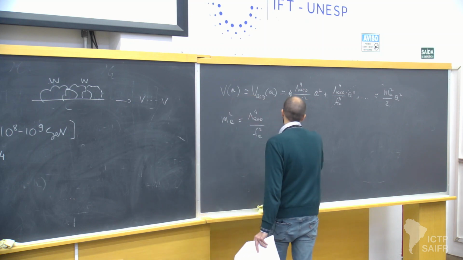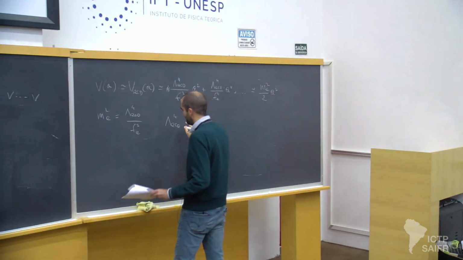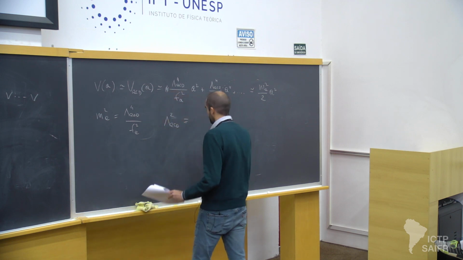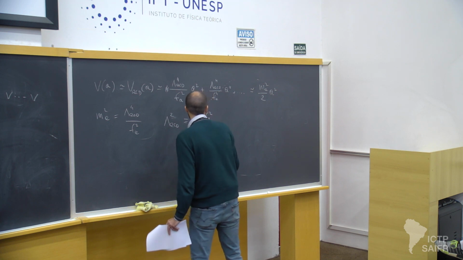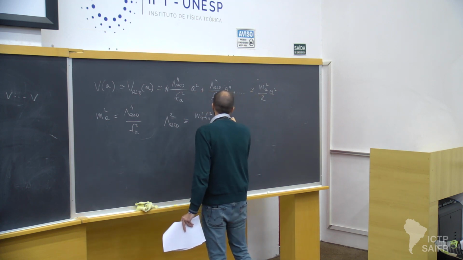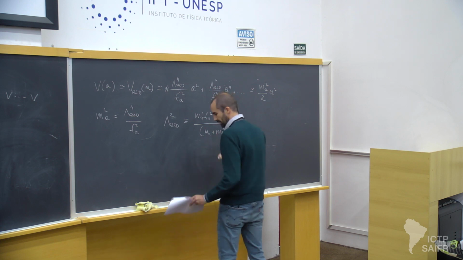And if you want to be a bit more precise, for me, lambda QCD squared is m pi squared, f pi squared, where m pi is that of the neutral pion, and m up times m down over m up plus m down squared.